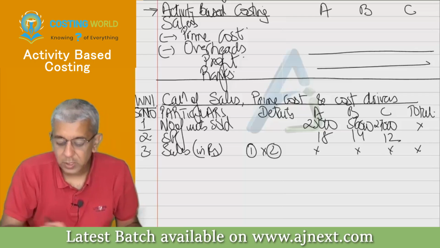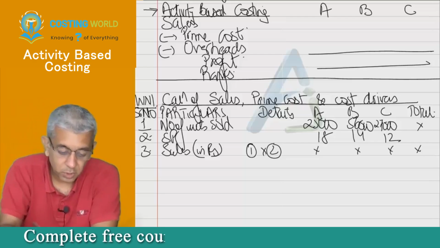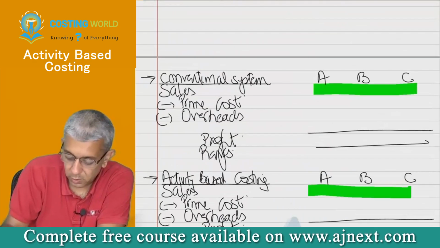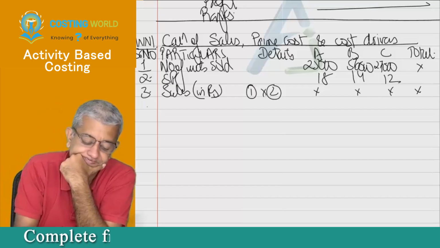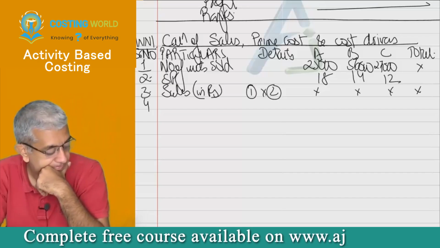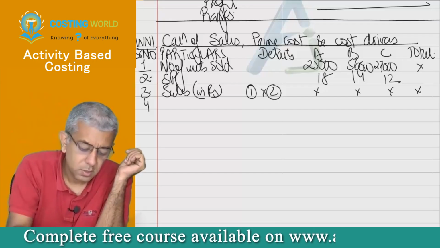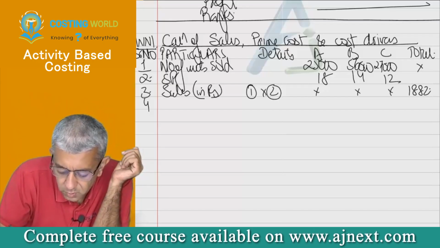Write down all these particular numbers wherever there are crosses, please. And put your sales over here also. Please start. Total sales is 18 lakh 82,000. Okay.